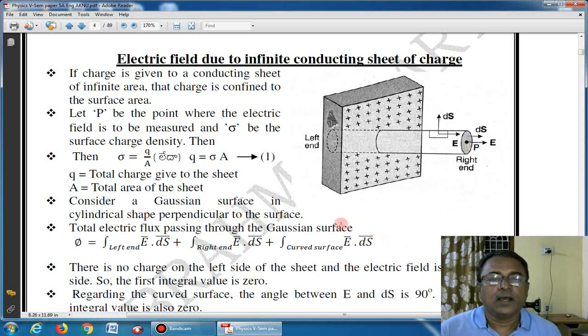And here I am taking the Gaussian surface. Earlier we saw what is meant by a Gaussian surface.